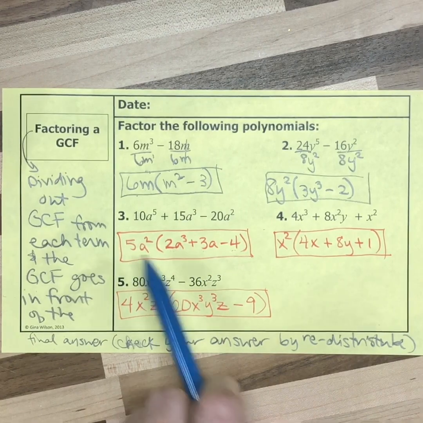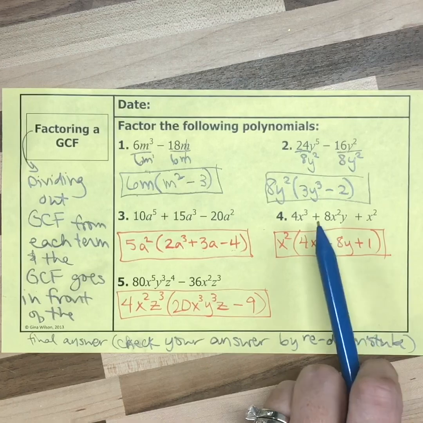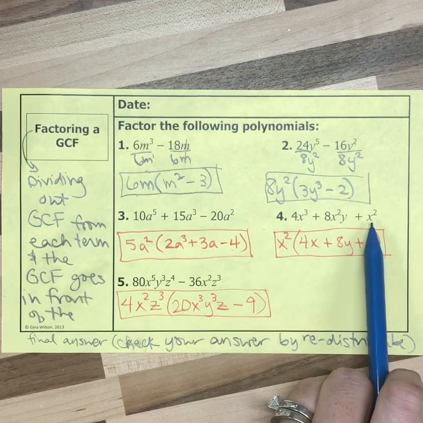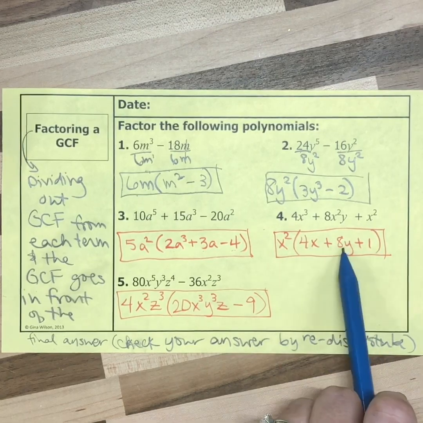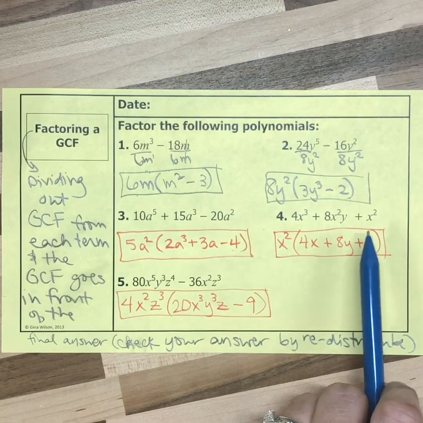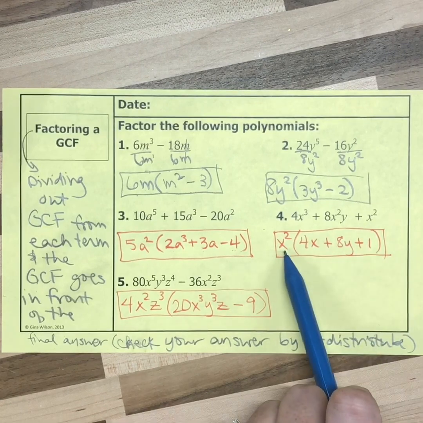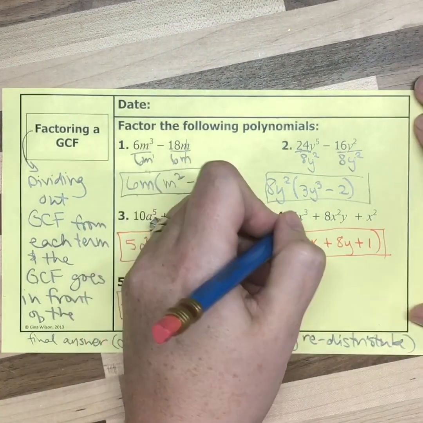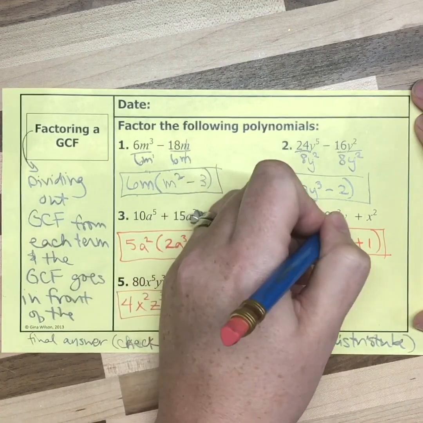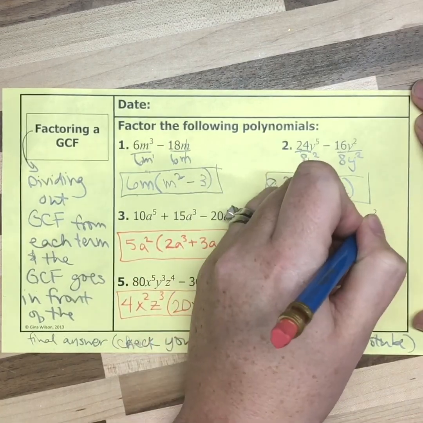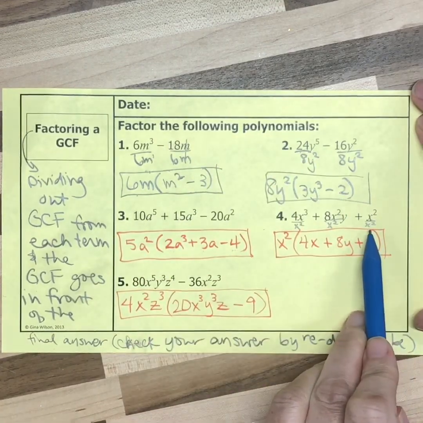The other thing you have to remember is if there's 3 terms in the original problem, there must be 3 terms left inside the parentheses. So anytime you're dividing something by itself, like here we have the x squared. So if I show the work, you're dividing by the x squared. You have to remember anything divided by itself is 1.